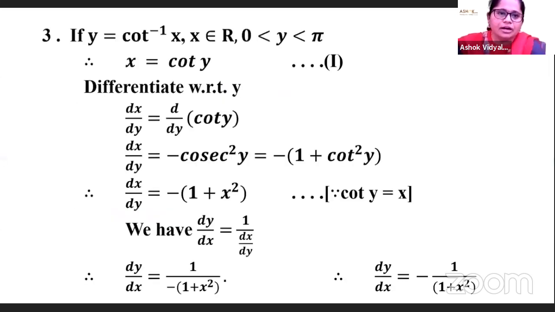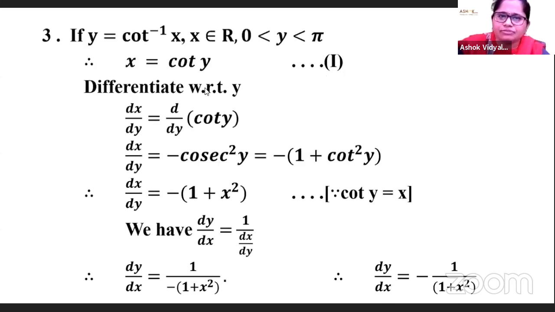Now the next, third result is y is equal to cot inverse x. Here x belongs to R, where R means real numbers, and y lies in the open interval 0 to pi. We can write y is equal to cot inverse x in the form x is equal to cot y. Take this as equation number 1.